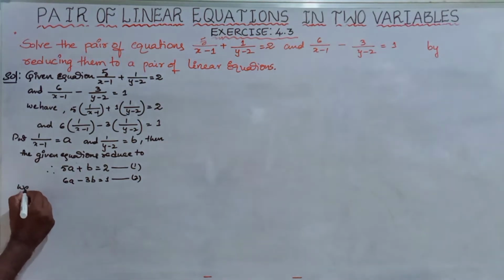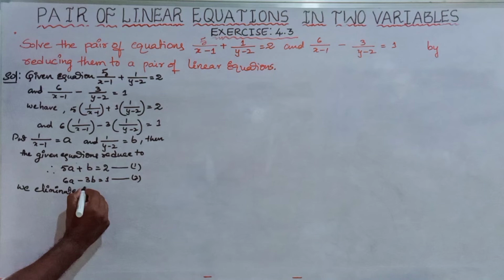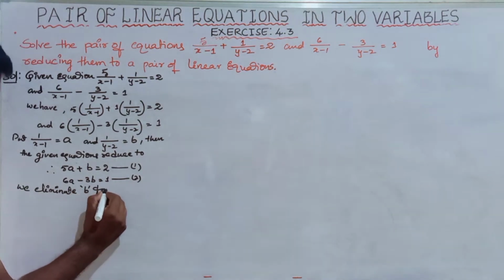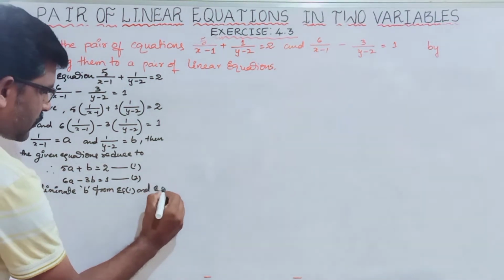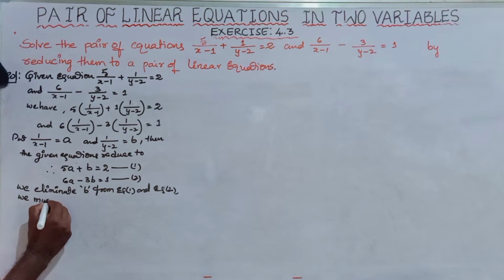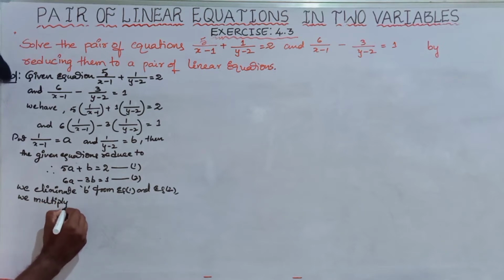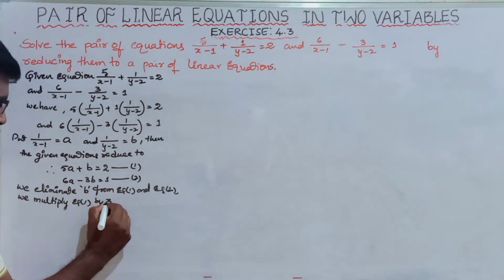We eliminate b from equation 1 and equation 2. We multiply equation 1 by 3.